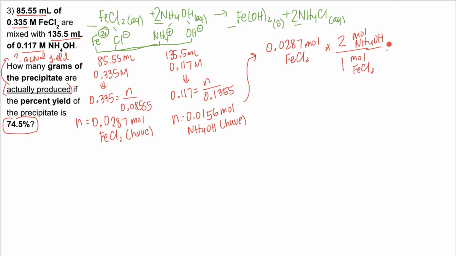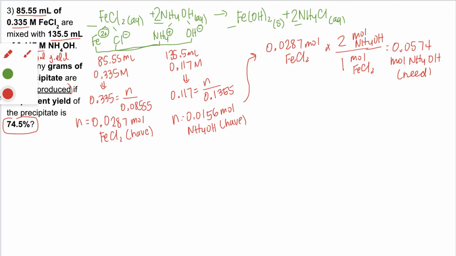So I'm going to take the 0.0287, multiply it by 2, and I get just about 0.0574, and that's going to be my moles of ammonium hydroxide that I would need if all of my 0.0287 moles of iron 2 chloride were to react.